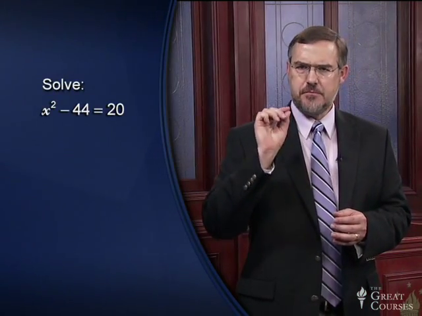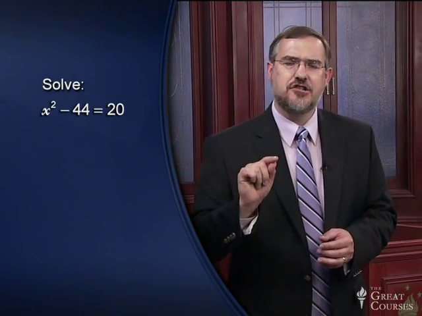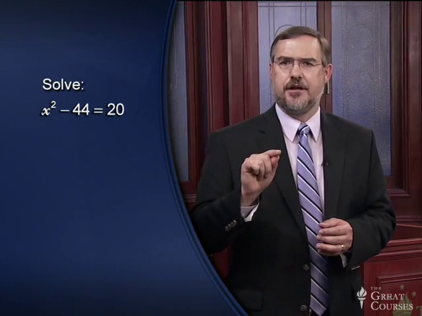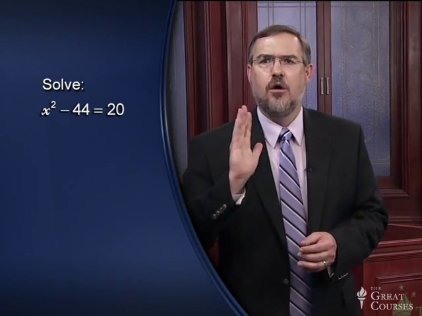Okay, let's try a few more examples though where it may not be completely obvious that the square roots are going to be helpful, but let's try a few to show you how the square root tool can really help. Here's an example. Solve x squared minus 44 equals 20. Okay, what would you do here?